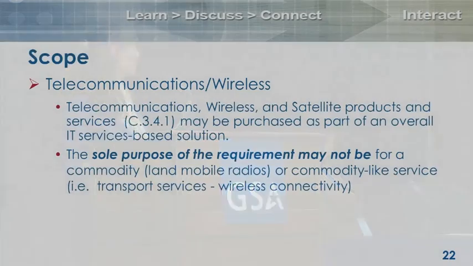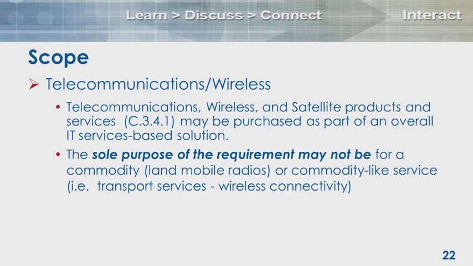As the contractor is performing the work, it can go ahead and purchase the equipment on behalf of the government, and it's okay as long as it's integral and necessary to accomplish this IT services-based solution. Which is nice, because sometimes you don't know what you really need. Let's say you need laptops, but you really don't know how many laptops you will need throughout the life of the task order.